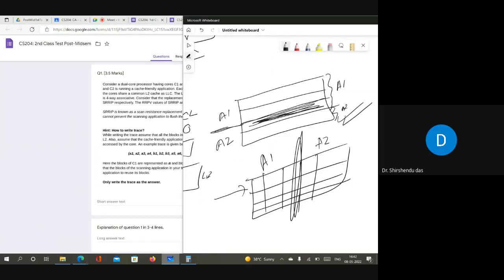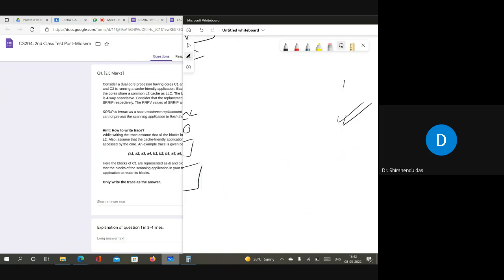Let me discuss the first question here. There are two cores, C1 and C2. Both cores have their private L1 cache and there is a shared L2 cache.